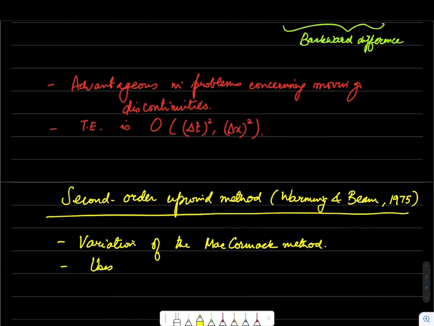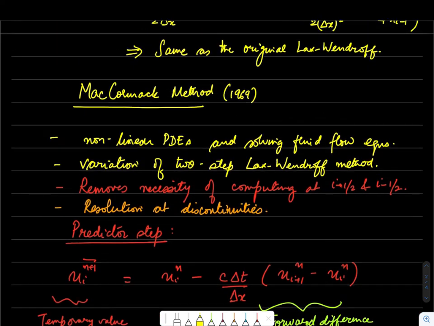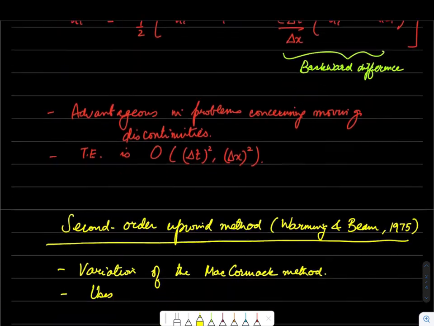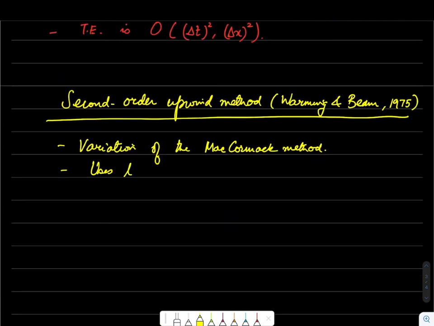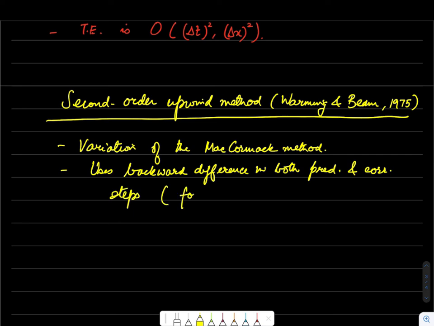So just recall that in the MacCormack method we actually had forward and backward differences. Here we'll use backward difference in both predictor and corrector steps, and we use backward differencing because we have a situation where c is greater than 0.